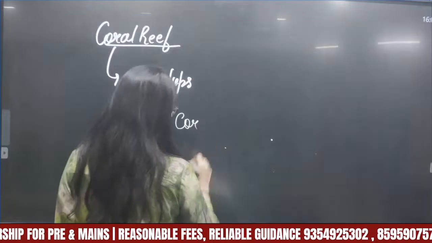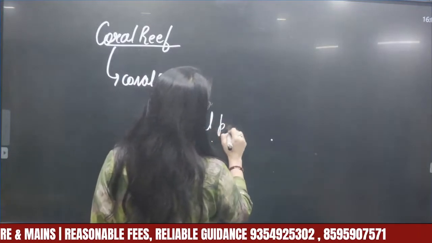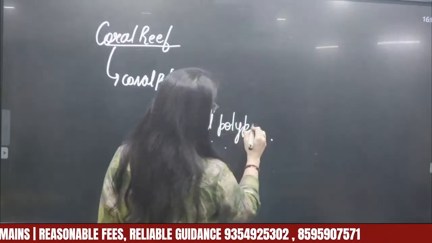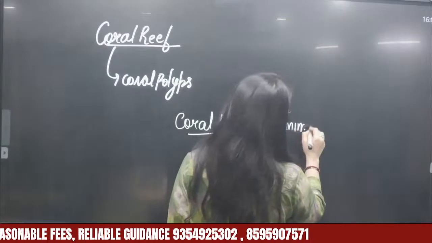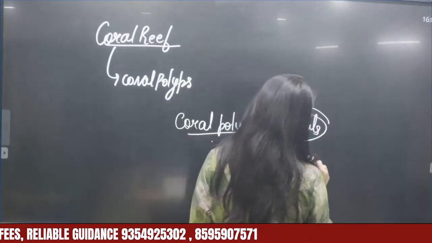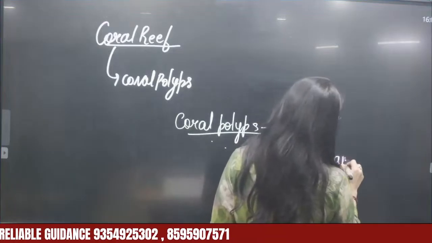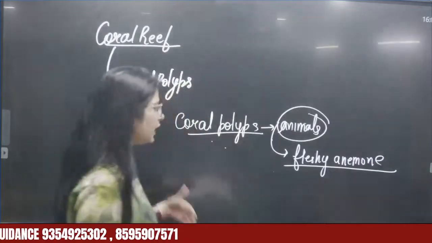Now, coral polyps are your animals, right? They are fleshy anemone. Now, where are they found and how do they look like?